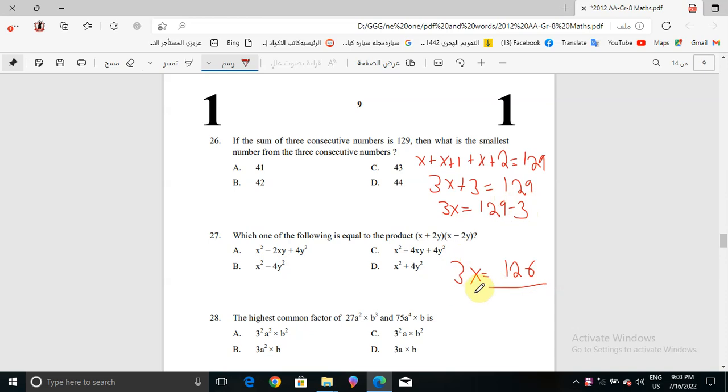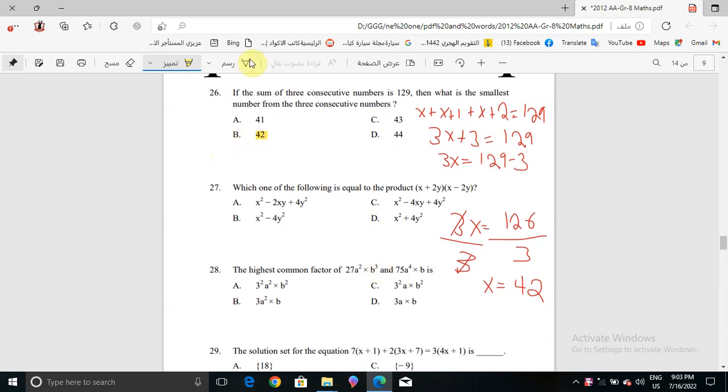Then divide both sides by 3, and you will get your answer, x is equal to 42. So the correct answer for question number 26, which is 42, is choice B. Now let's go for question number 27.